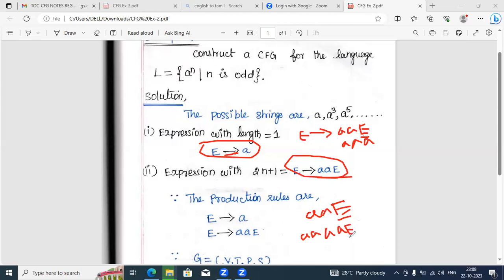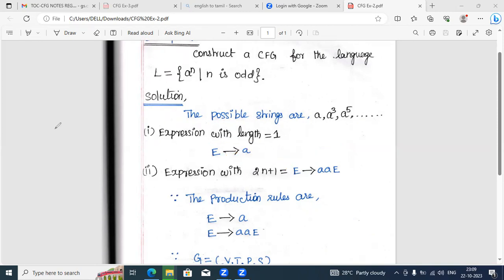Again we have a non-terminal here, so this E we replace with the production E → a. Then we will get aaaaa. So 5 a's we get. So for this problem, we will have only two productions. The first production is E → a for the length of 1, and the second production is E → aaE for lengths greater than 1. So totally we have two productions.